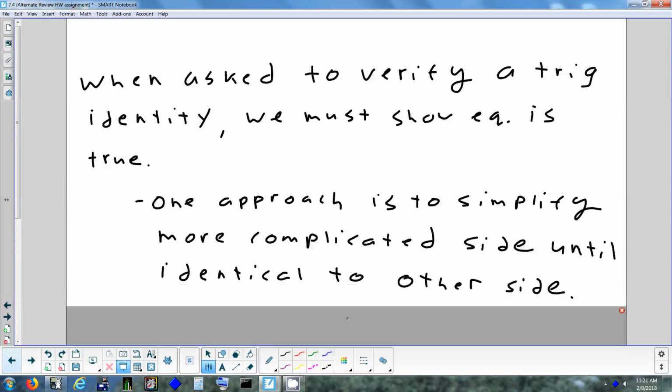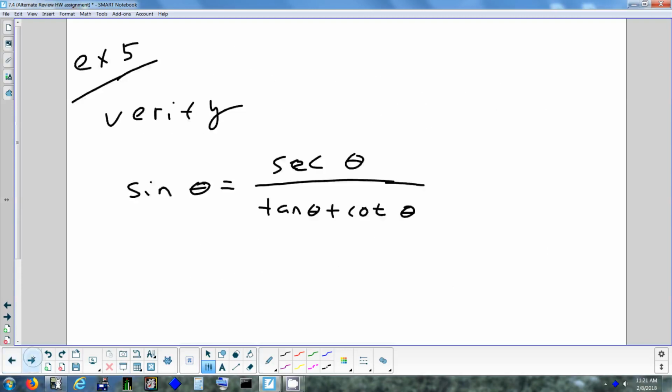Most of the time when you see the directions verify, one side is going to look more complicated, the other side is going to look simpler. So if I go back to the question I just showed you, I think it's pretty clear in this problem which side is more complicated, which side is simpler.